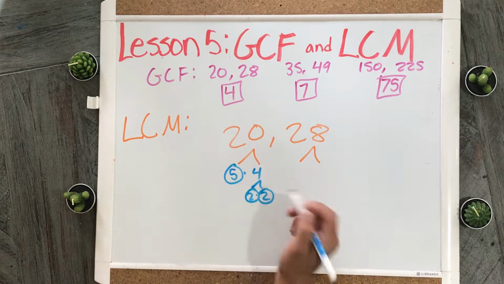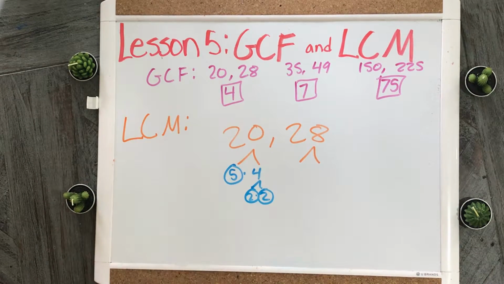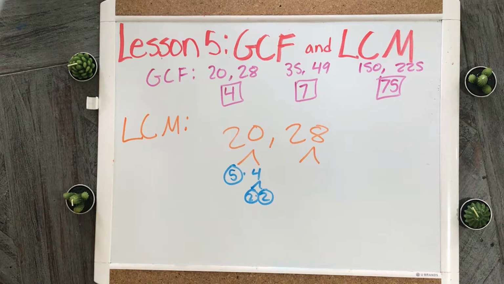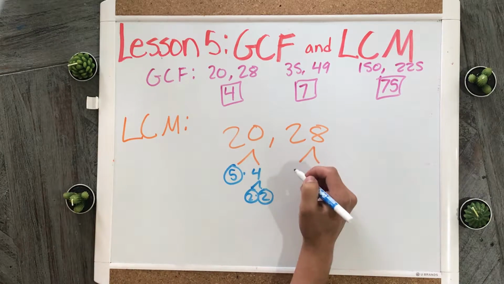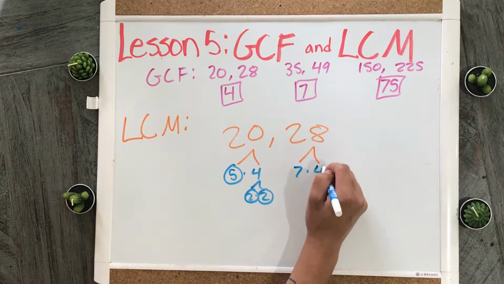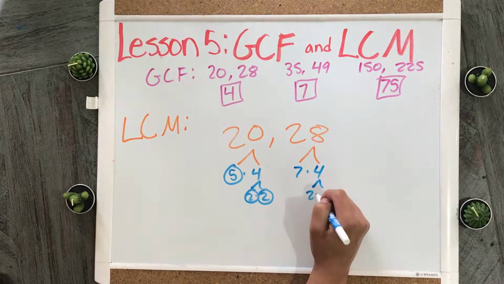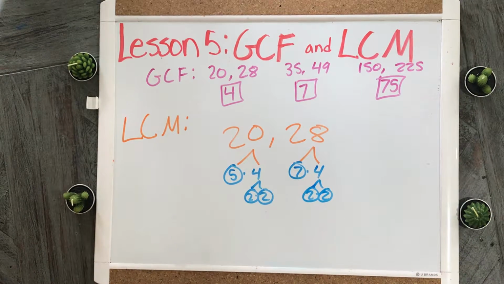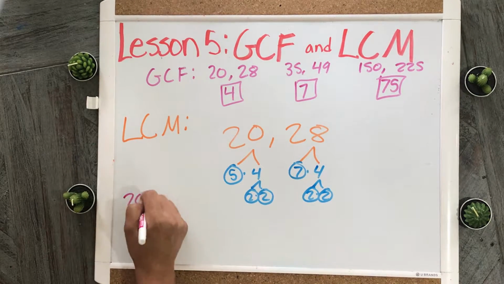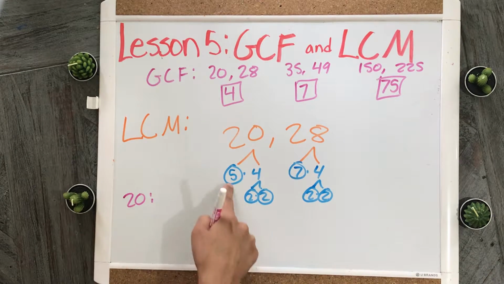I'm going to go a little quicker on these because we've in a way done this. But what matters is this last part on what we do with these factors, okay? So for 28, I multiplied 7 times 4, broke down 4 to 2 times 2, circle my prime numbers, okay? So then what we are resulting in for 20 is 2, 2, and 5.